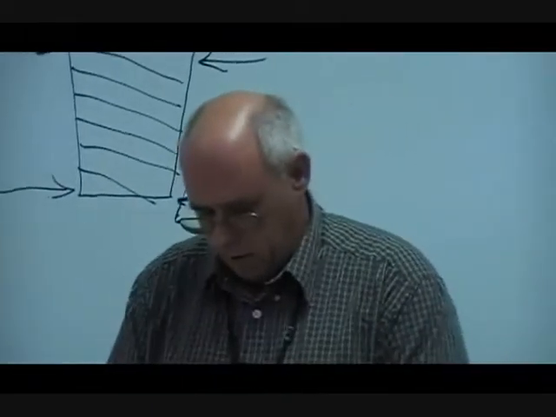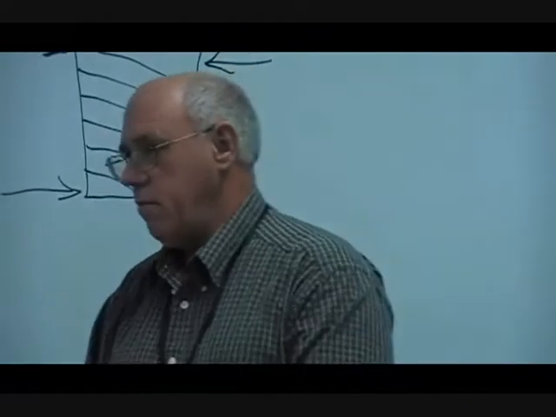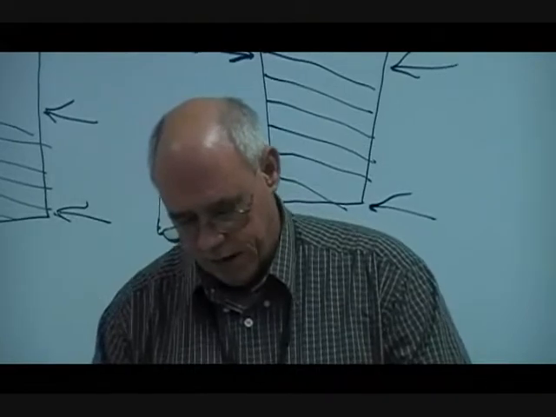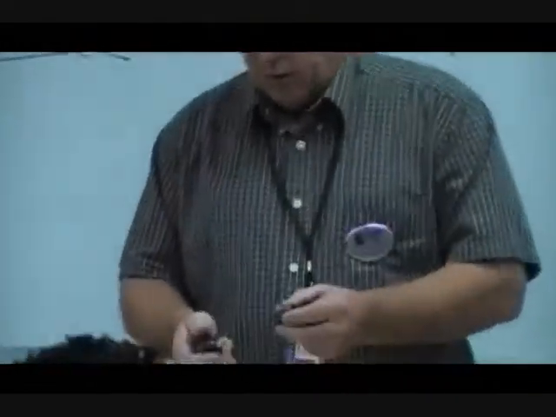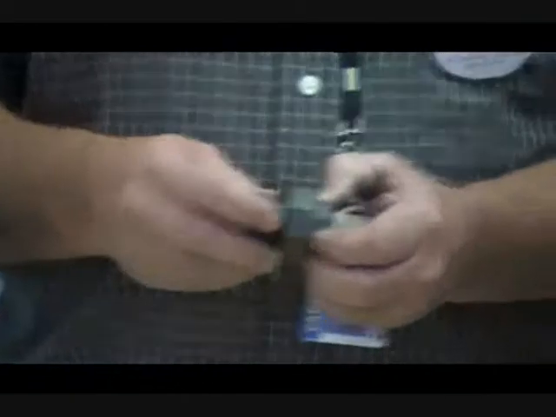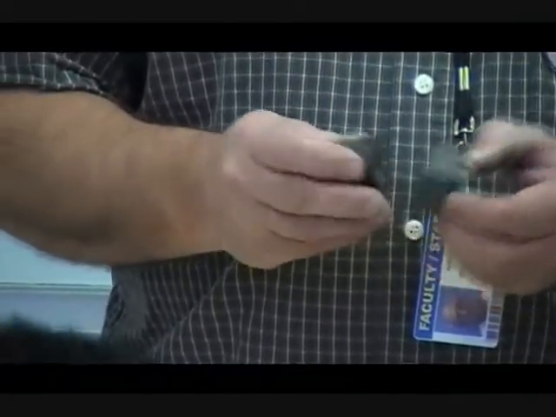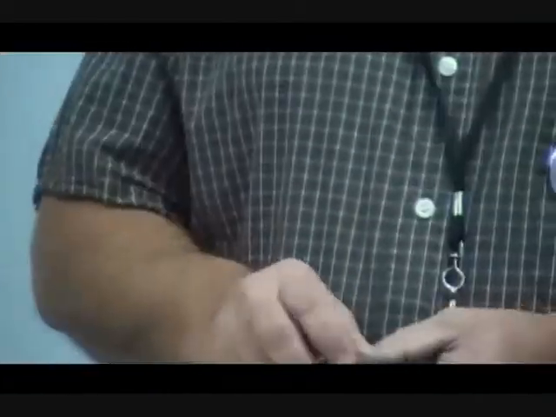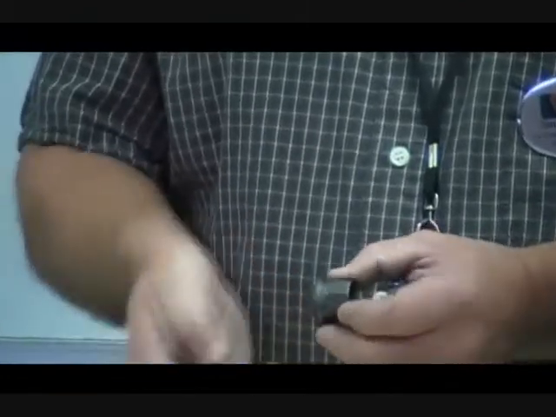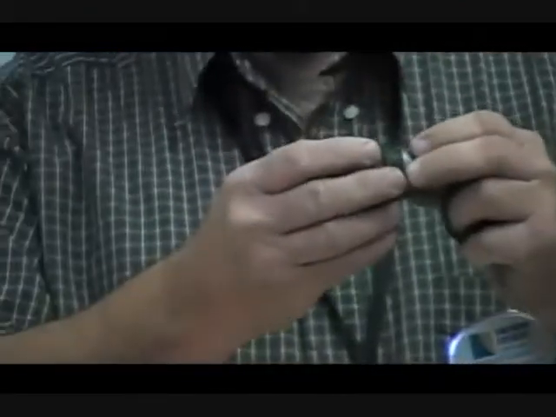Okay, I have a union right here. Now I'm going to stop what I was just about to say and move on to something else right quick, then I'll come back. When you're using these unions, do not take them apart and throw them in a box and say, okay, they're all the same, because they're not. They may look the same, but these are mated. Those two pieces have actually been ground to fit one another.